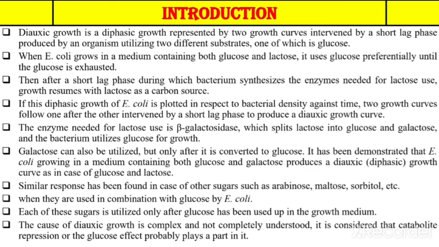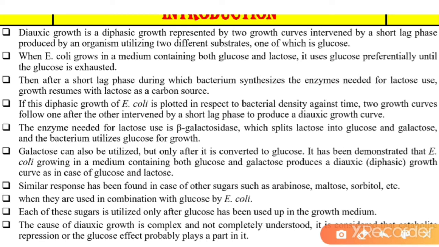Now see, in this diauxic growth curve mainly two phases we can see. Why? Because here in this medium we have added both glucose and lactose. So first, Escherichia coli will preferentially utilize the glucose, and after some time they will come into the lag phase, and afterwards they will utilize the lactose.